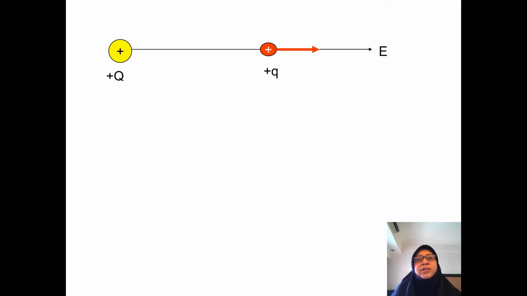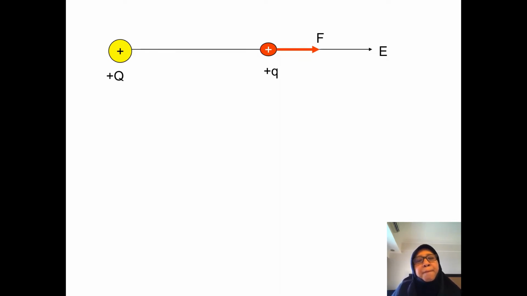So the direction of the electric field is this way, because the direction of the electric field follows the direction of the force. The test charge is always positive. If the source charge here is negative, then the direction of the electric field will be opposite, because the positive test charge will be attracted to the negative charge.